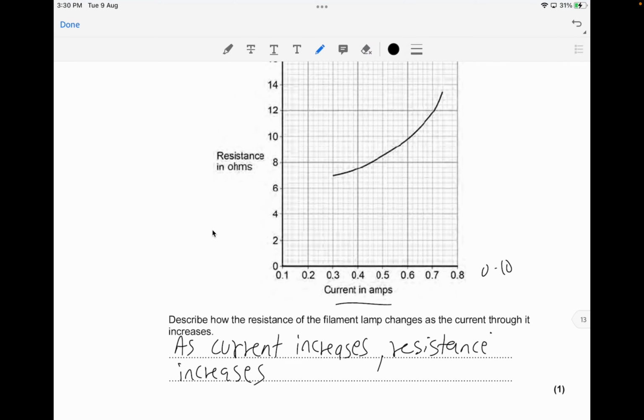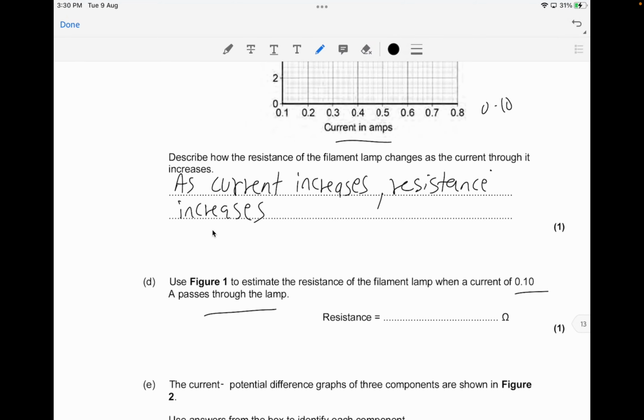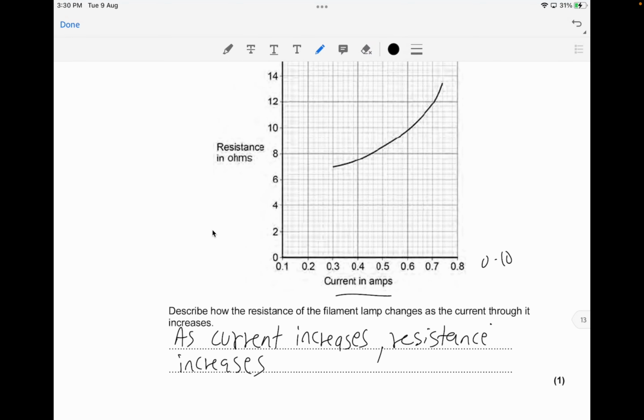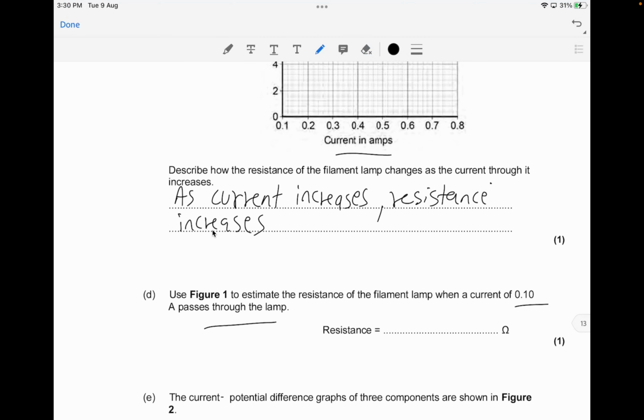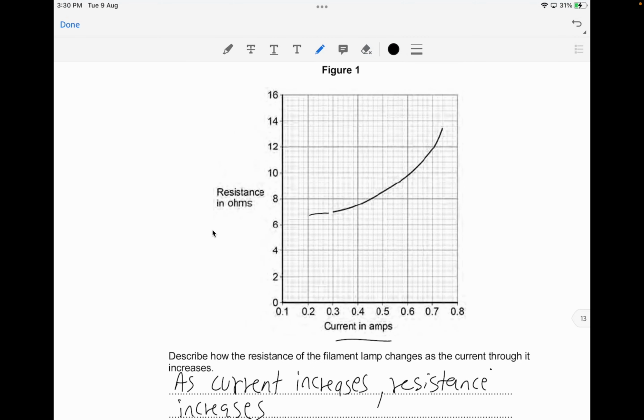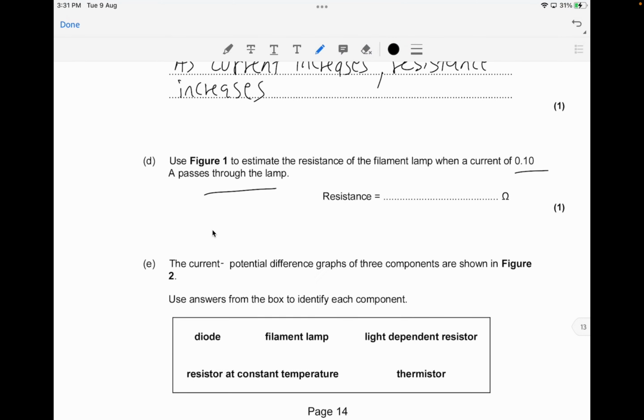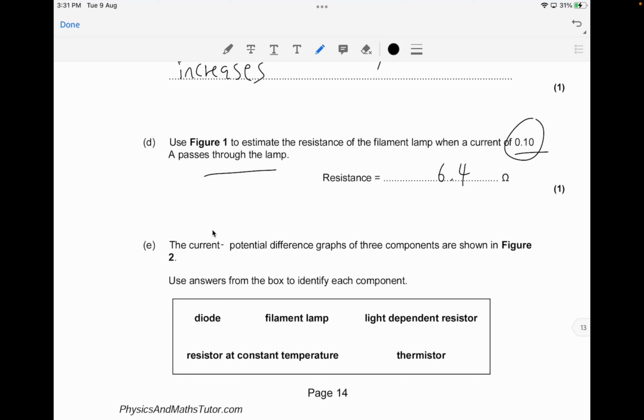Sorry guys, reading this decimal, it's actually 0.1, not 0.10. So if it is 0.1, then the reading would be roughly about 6.2, maybe 6.3, 6.4. So I'm going to write down 6.4. So it's going to be 6.4 ohms. That's going to be your value in that case.